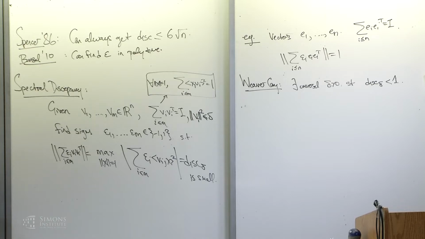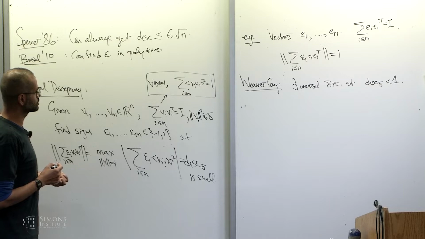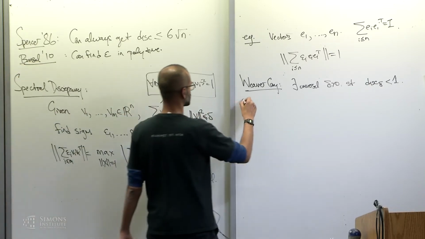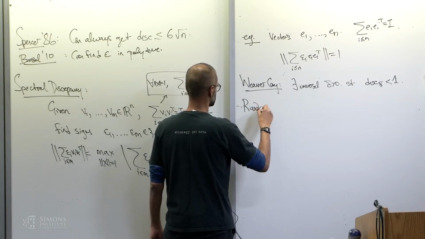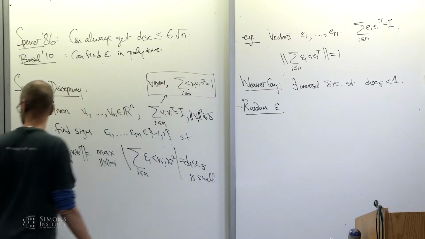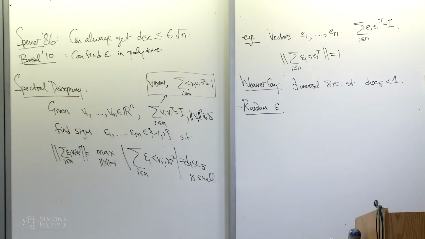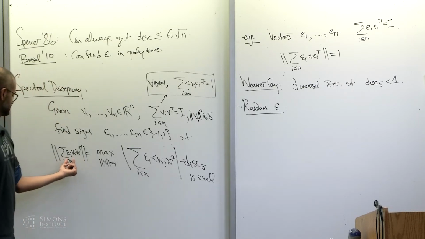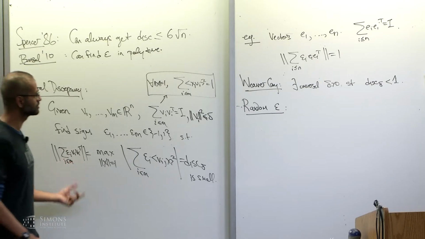Now, again, for this problem, you can try a random signing. Originally in the combinatorial setting, we used a Chernoff bound to analyze a random signing. Here, this is a random matrix, but there are tools for analyzing the norm of a random matrix like this, called the matrix Chernoff bound.